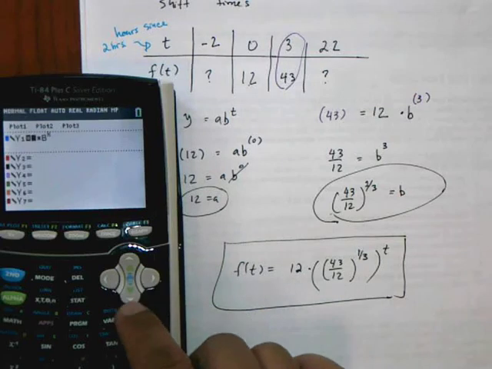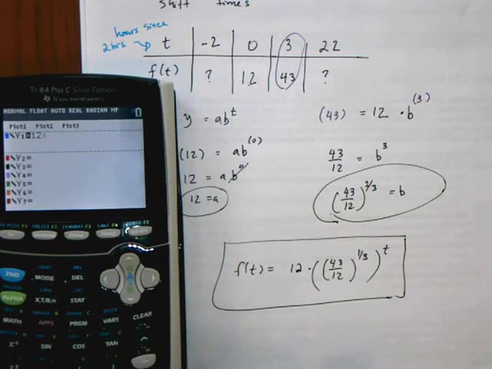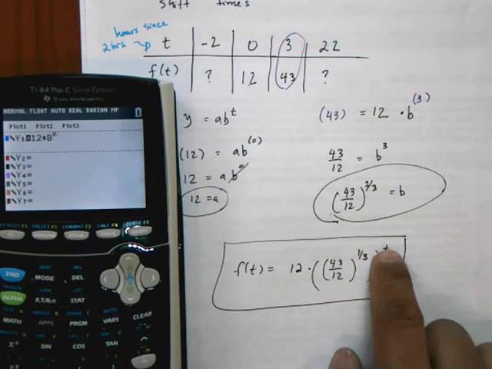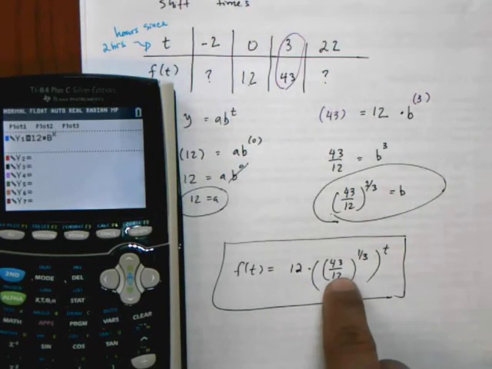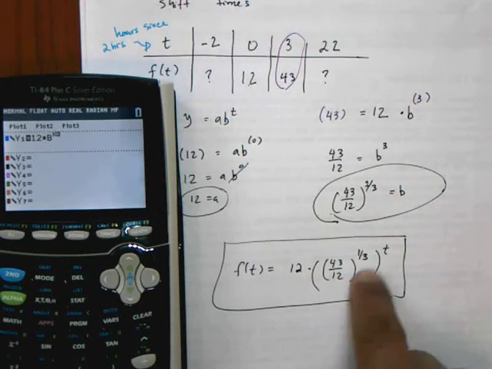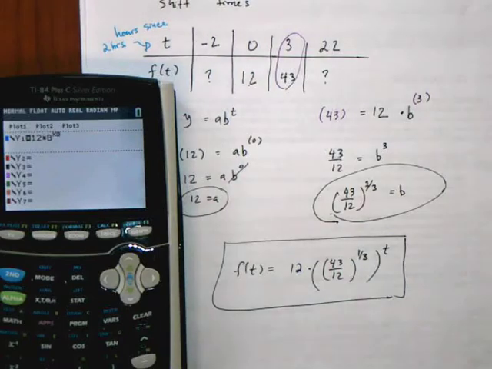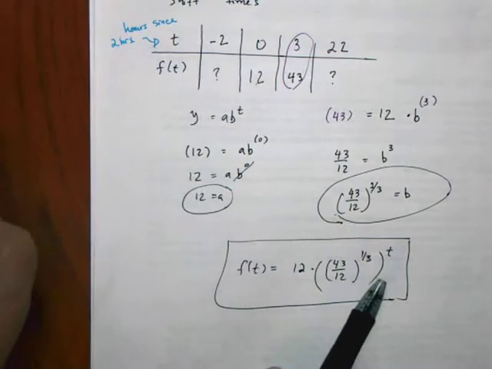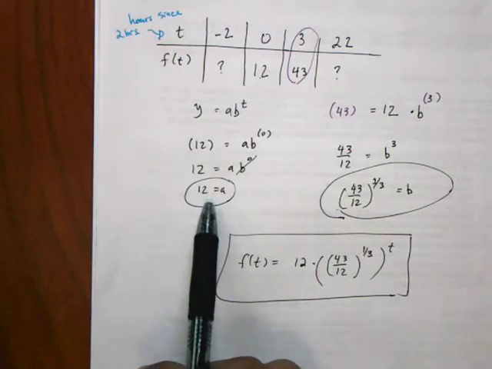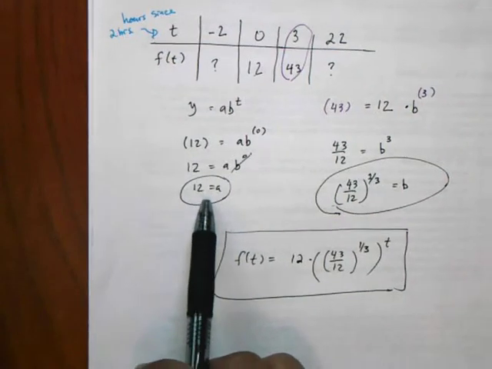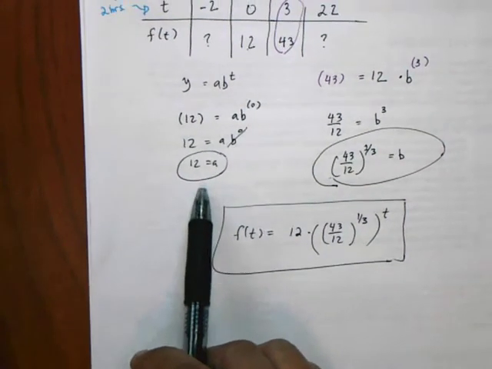When I go to y equals, I want to say 12 times b to the x, or t here. Okay, so this is a, this whole expression here is b, and this is raised to the t. The reason we do this is that it makes life a little bit easier. You can see that getting 12 here is a much easier process than what we had going on before.